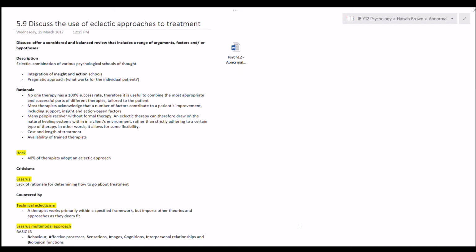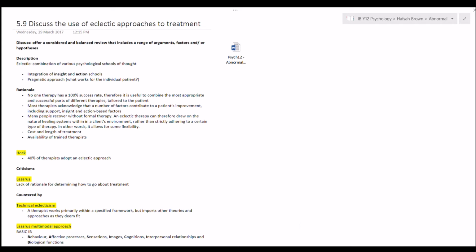So thinking about it and actually doing something about it. And it's what's known as a pragmatic approach, which means that the therapist can look at what works for the individual patient without having to adhere strictly to a specific set of guidelines.